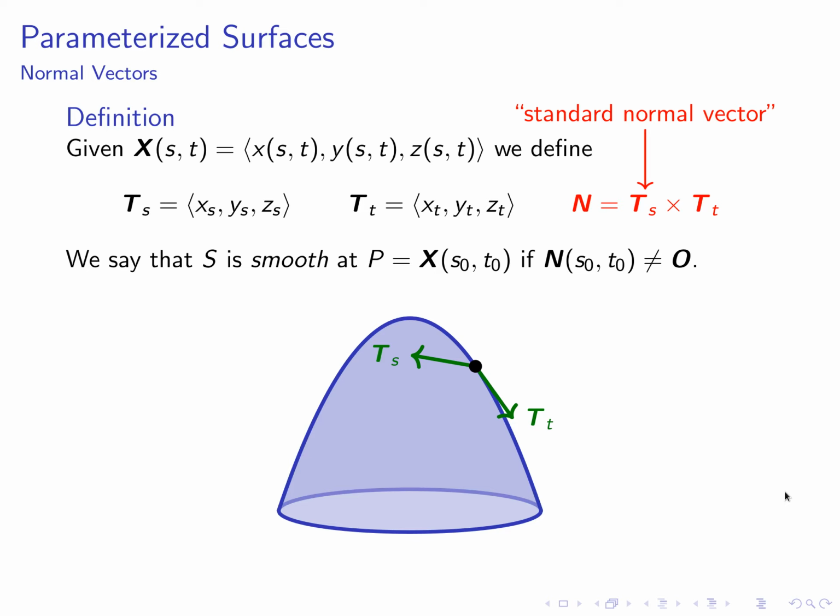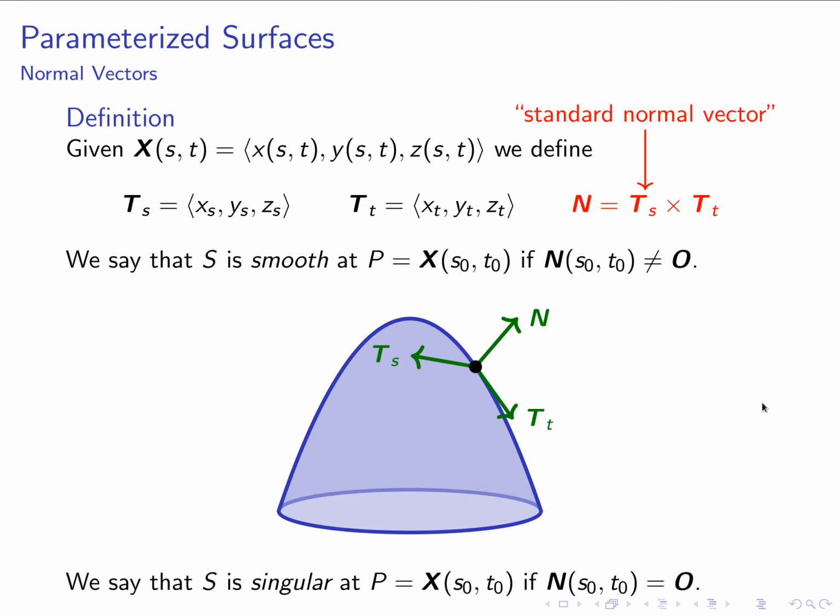When we take the cross product of those two vectors, we produce the standard normal vector, big N. And big N is orthogonal to the surface at that point. So we say that the surface is smooth at a point if its standard normal is not the zero vector.